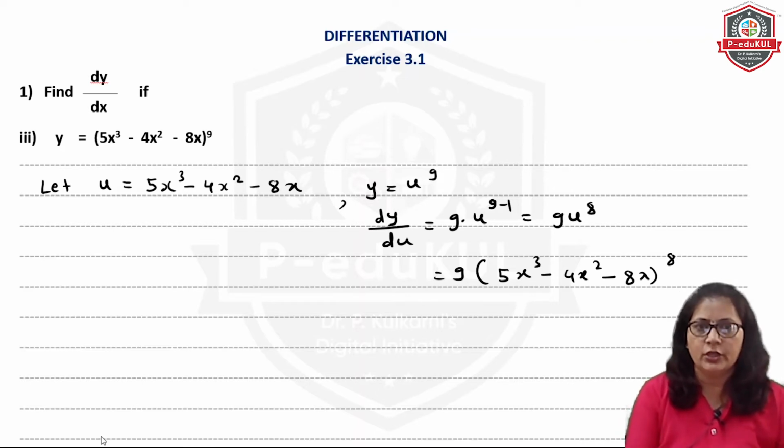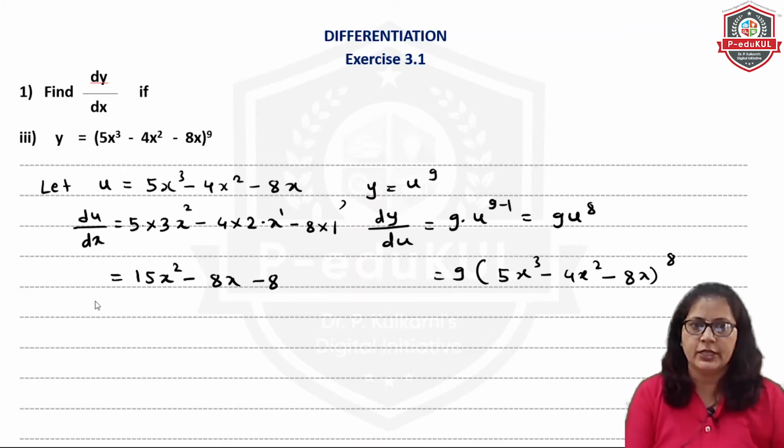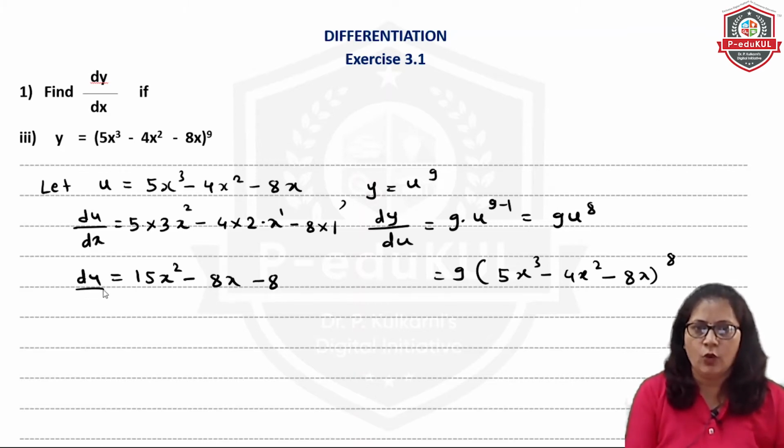Now I'll differentiate this function by x. So my du by dx will be 5 into 3 into x square minus 4 into 2 into x raised to 1 minus 8 into 1. So this will be 15x square minus 8x minus 8. Now this is the value of du by dx.